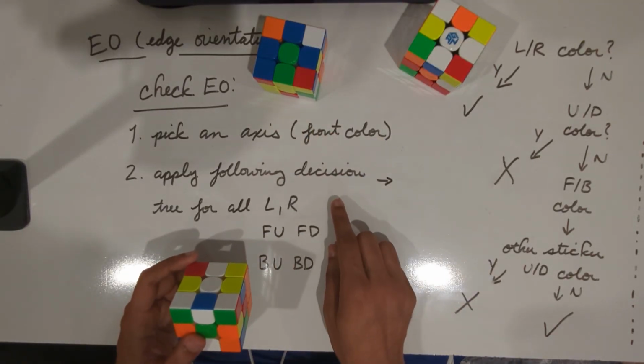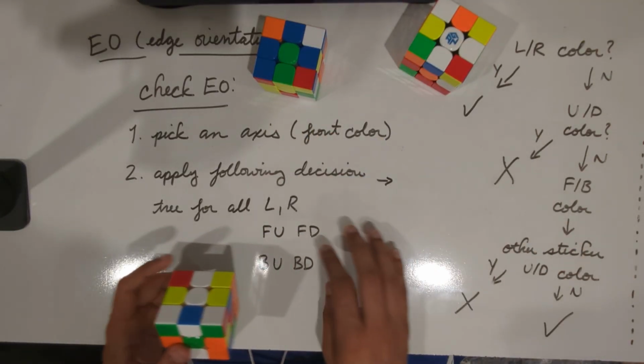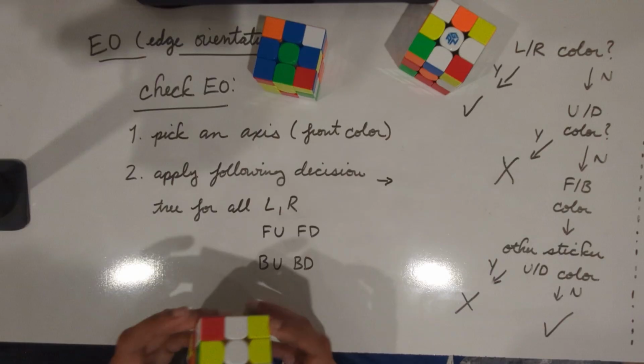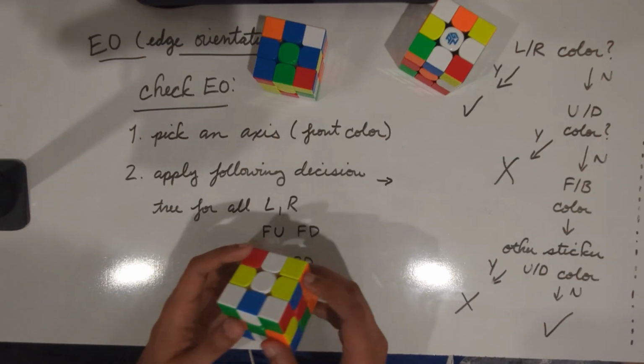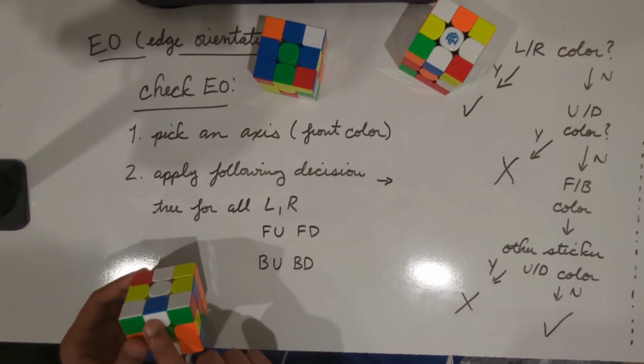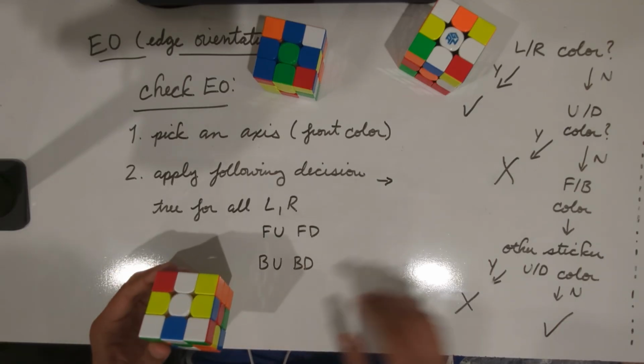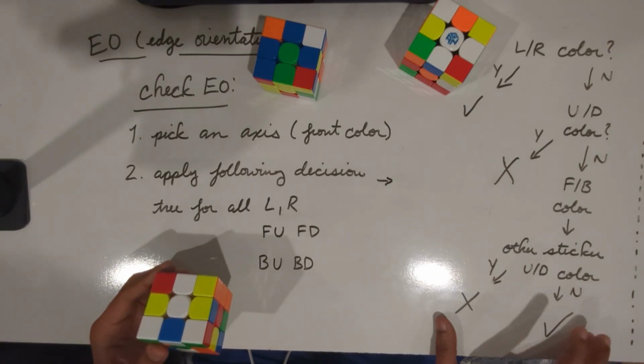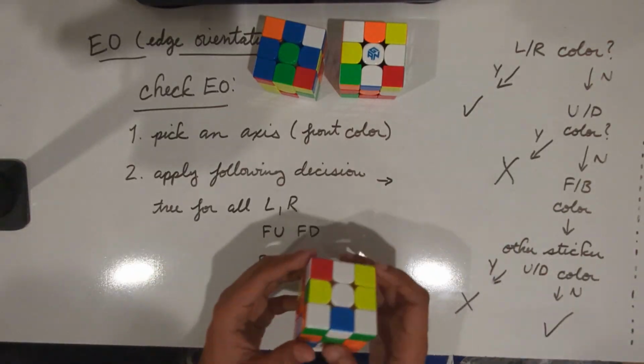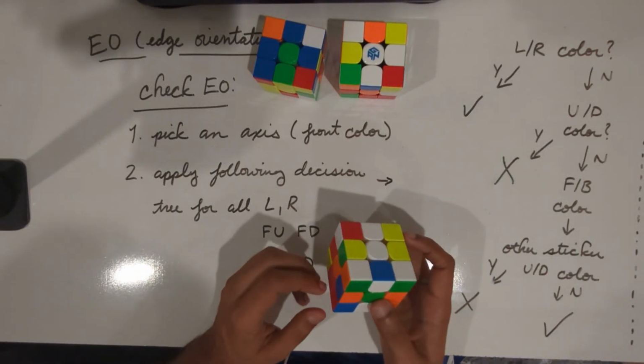The next thing you're going to do is apply this decision tree for all of the following pieces. All of the stickers that are on the L and R, FU, FD, BU, and BD. So we're going to try and apply this decision tree to all of those stickers. Let's give it a try.